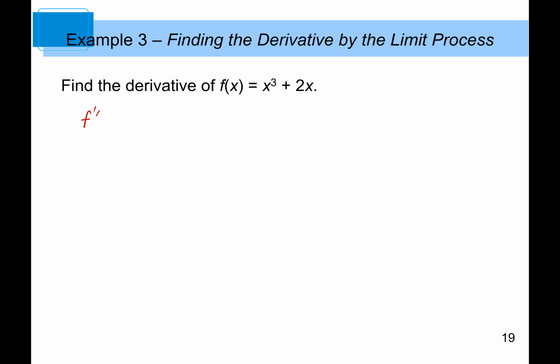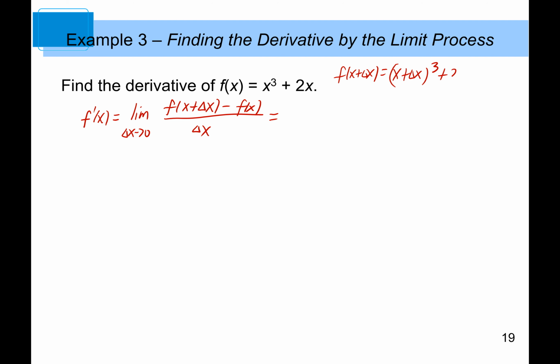So f prime of x equals the limit as delta x approaches 0 of f of x plus delta x minus f of x, over delta x. Using function notation, f of x plus delta x equals x plus delta x cubed plus 2 times x plus delta x, right? Basically just replace x with x plus delta x. That's why we have that.